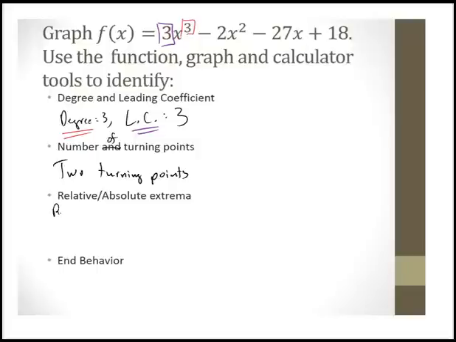Right, so we have a relative max of 43.88 when x equals -1.52 approximately.